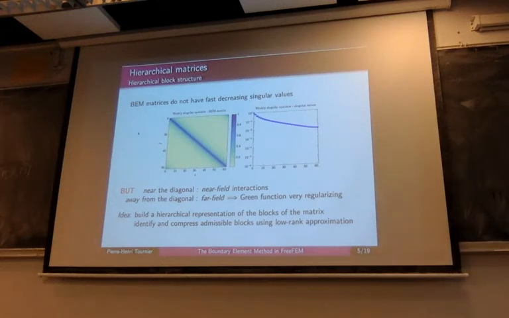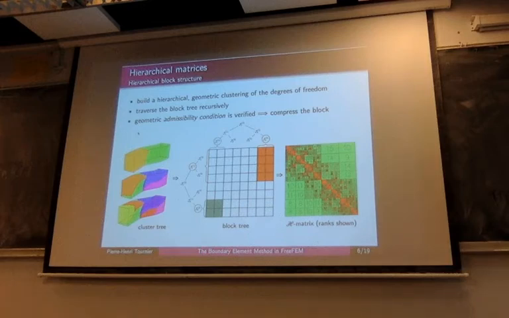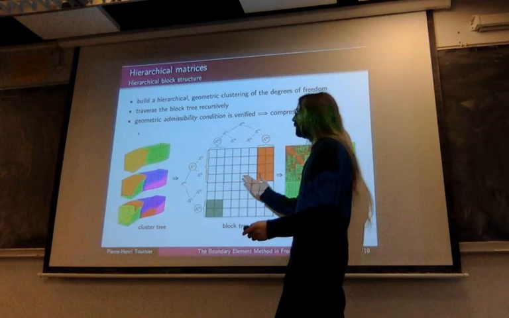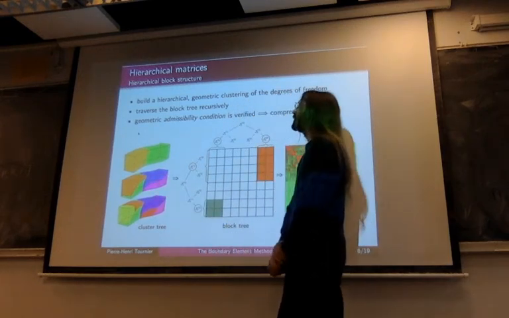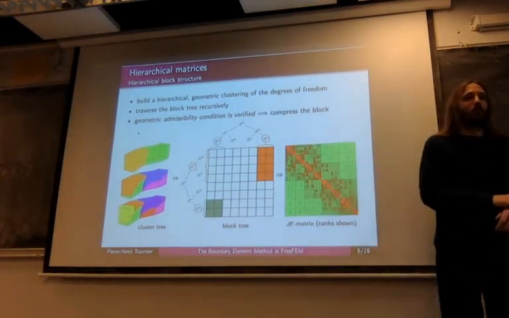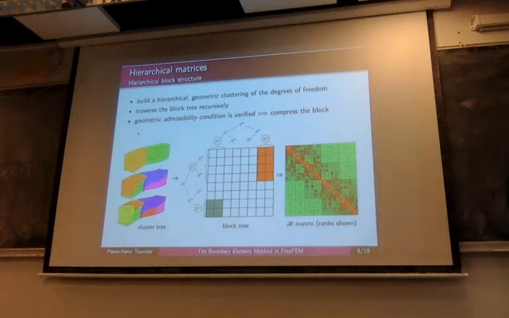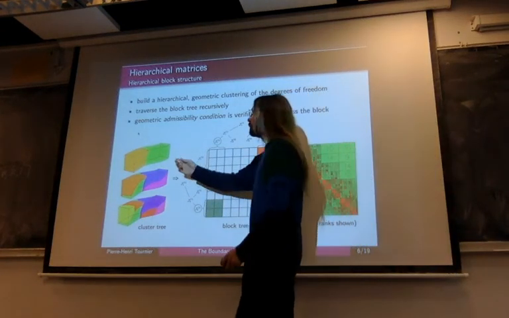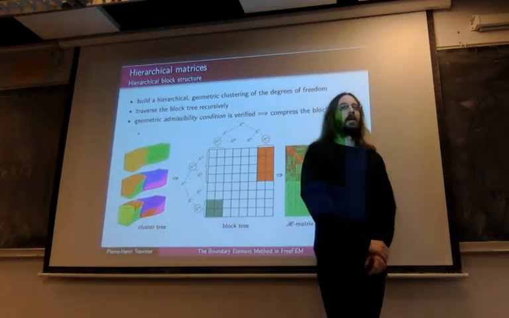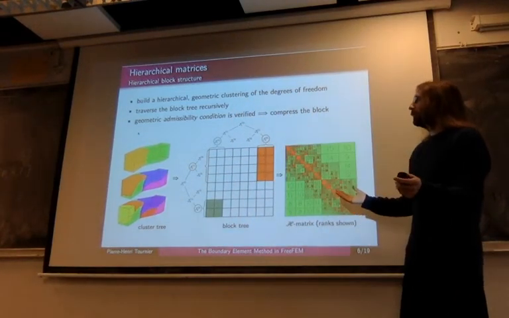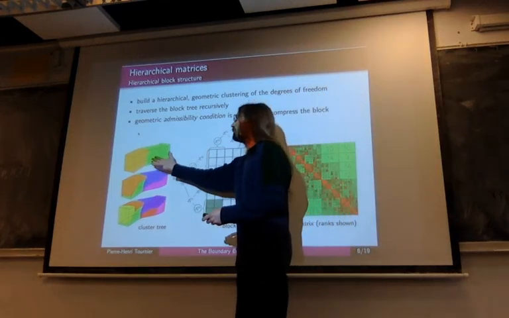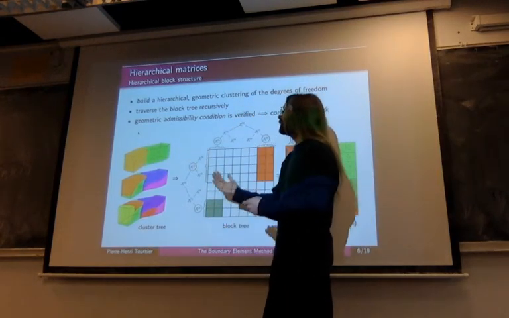Okay, and so how do you do that? So here there are some steps. First, you need to build a hierarchical partitioning of your degrees of freedom. So let's say you do P1 finite element, P1 boundary element method. So basically, every degree of freedom corresponds to one node in your finite element mesh, and you partition your mesh or your set of degrees of freedom geometrically and hierarchically, right?